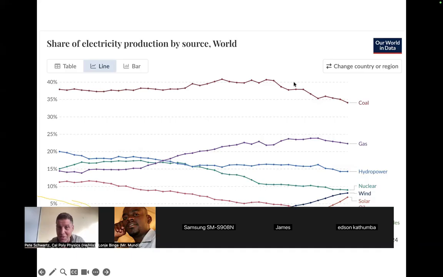Now it's coming down a little bit, mostly because of the growth of renewable energy. Nuclear is not increasing. There's only one country where it's increasing, and that is China. I showed that yesterday.